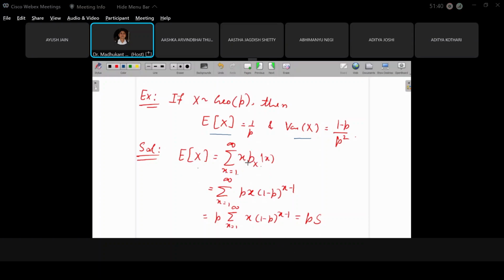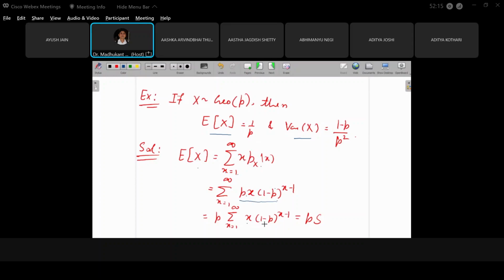Now replace that probability of X equals x, which is nothing but p times (1 minus p) to the power x minus 1. It's very straightforward. Now p is out, and if you write it down, this is 1 times (1 minus p) to the power 0, so 1, plus 2 times (1 minus p), plus 3 times (1 minus p) squared, plus 4 times (1 minus p) cubed, and so on. So this is a combination of arithmetic series as well as geometric series.